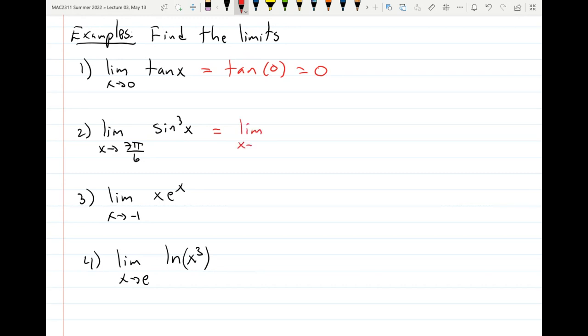So this is the limit of the sine function as x approaches 7 pi over 6, and then we raise that to the third power, and the limit of the sine function we just evaluate: the sine of 7 pi over 6, and then we cube it. Now what's the sine of 7 pi over 6?